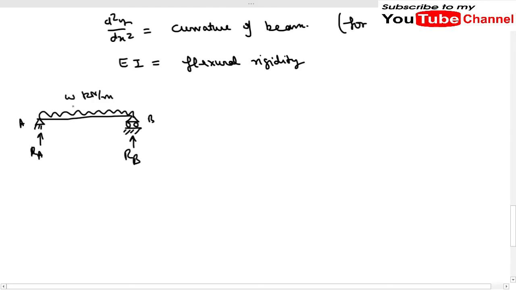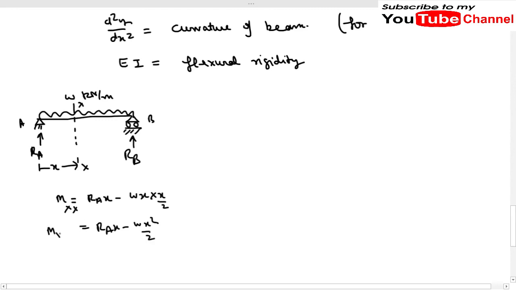Now if I take a section at a distance x from A, what will be the bending moment at this section xx? At x the bending moment Mxx will be equal to RA x minus W into x by 2. After solving, I will get RA x minus W x square by 2.